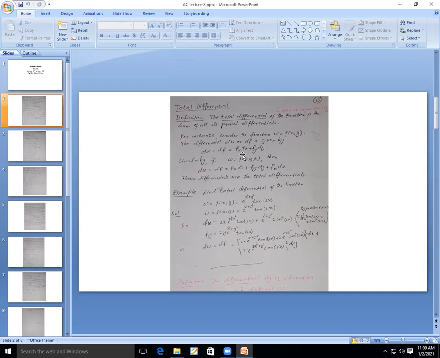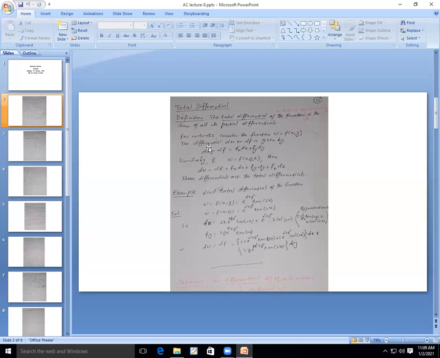By definition, it is equal to, as I said, differentiate f with respect to x, write dx, plus differentiate f with respect to y and dy. Then this sum is called total differential. If your function is in three variables, add the other term, differentiate function f with respect to z into dz, and so on. This is the definition of total differential.